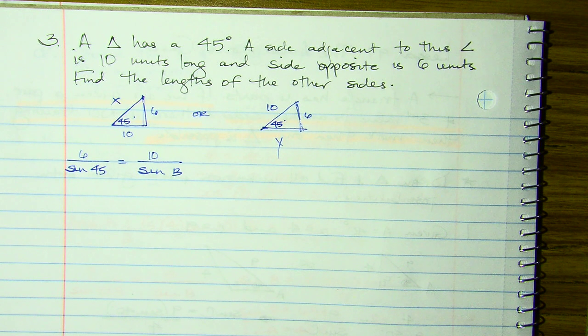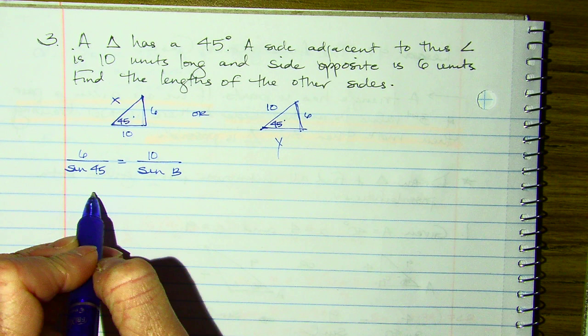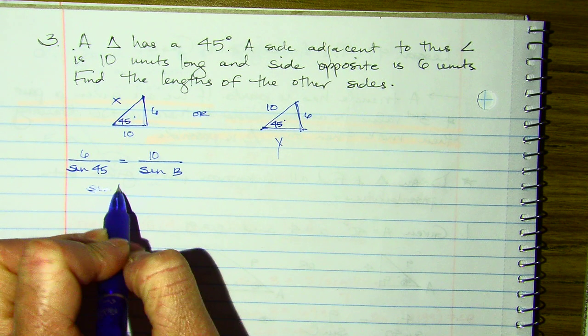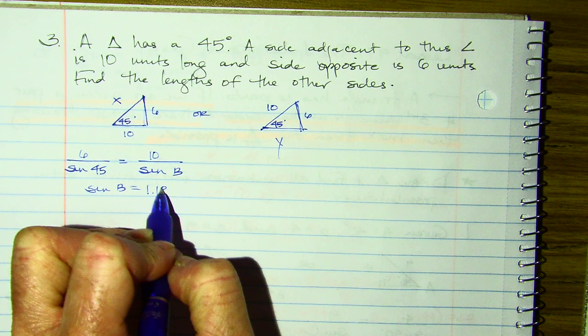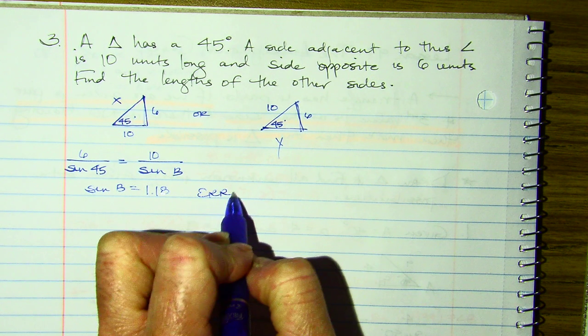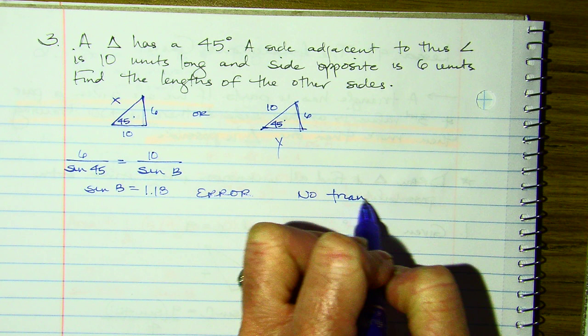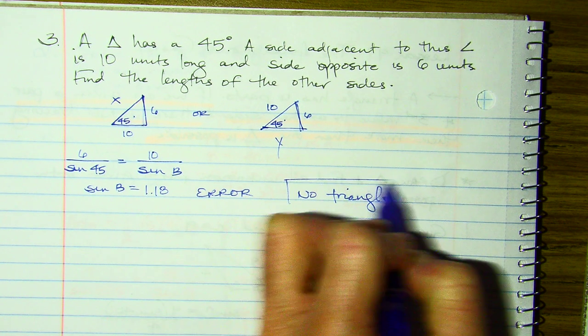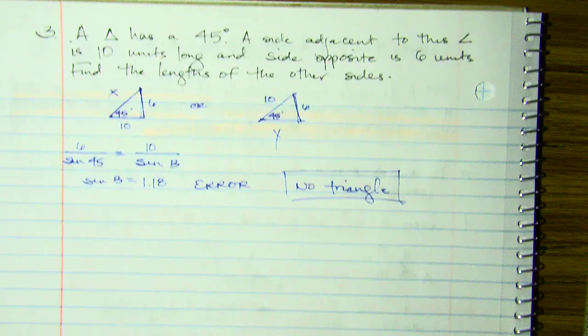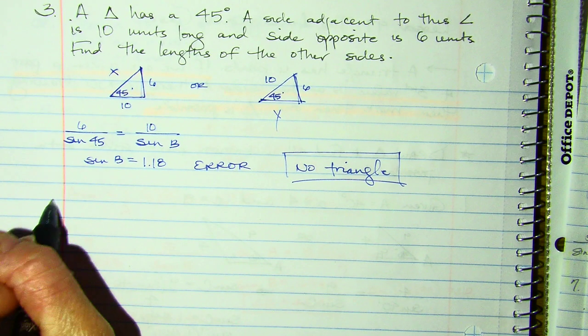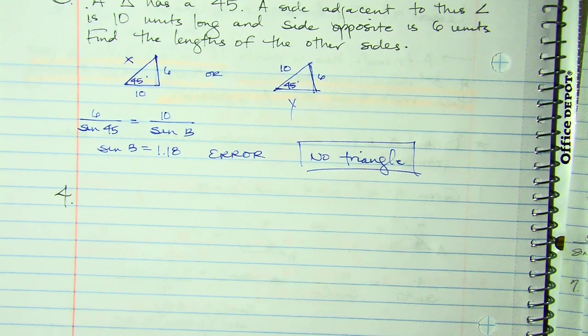So that's why I can't use a squared plus b squared equals c squared. So if I solve this, I have the sine of b equals 1.18, and I end up with an error. So no triangle is possible with these dimensions. So if you get an error, now you know what to do.